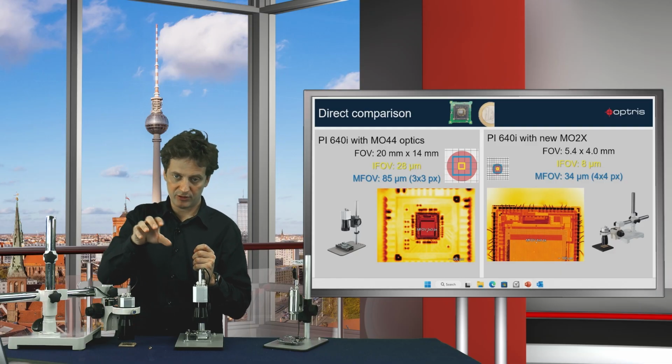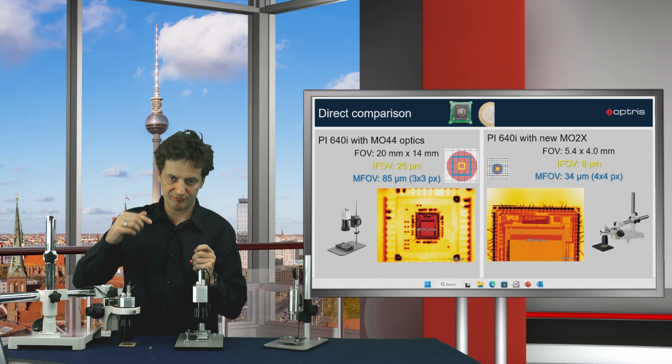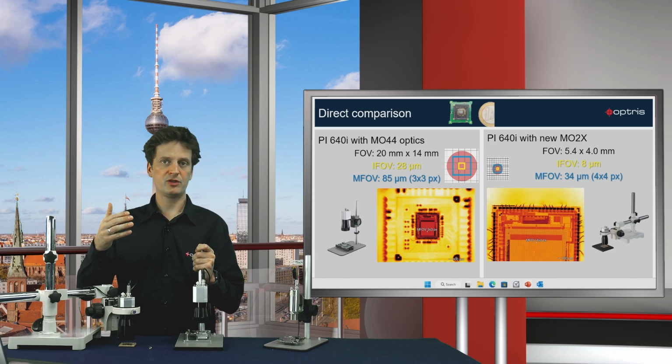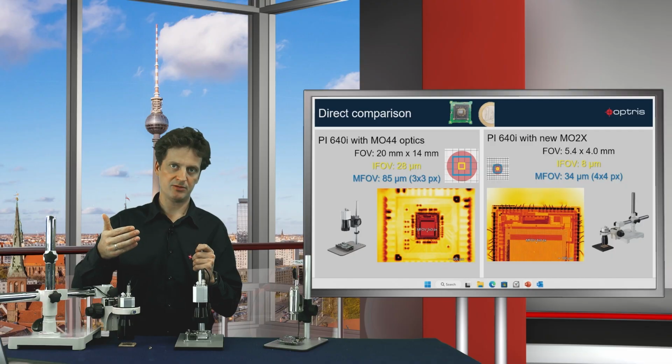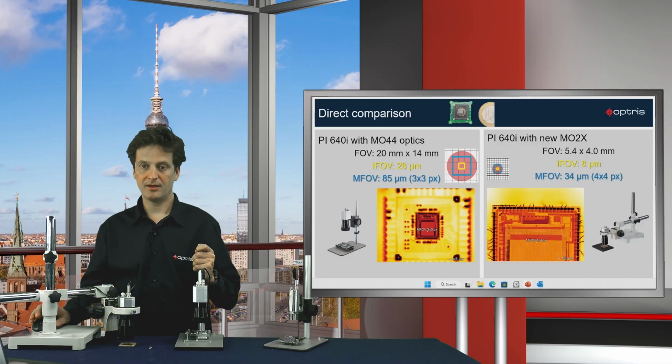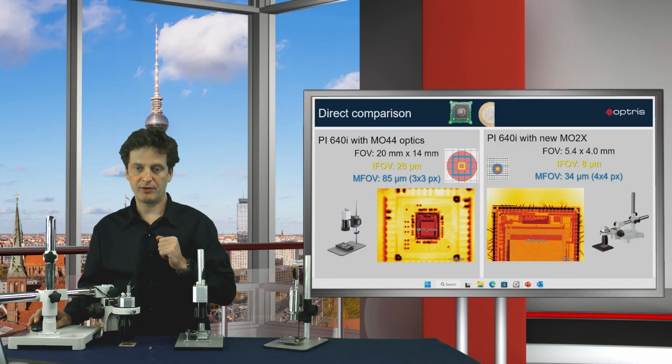But if we have the direct comparison, you see even by having 4 times 4 pixels, we are talking about still 34 microns measurement field of view. In other words, if you want to make an accurate measurement, you can measure objects down to 34 micrometers in size. Yeah, that's the direct comparison.